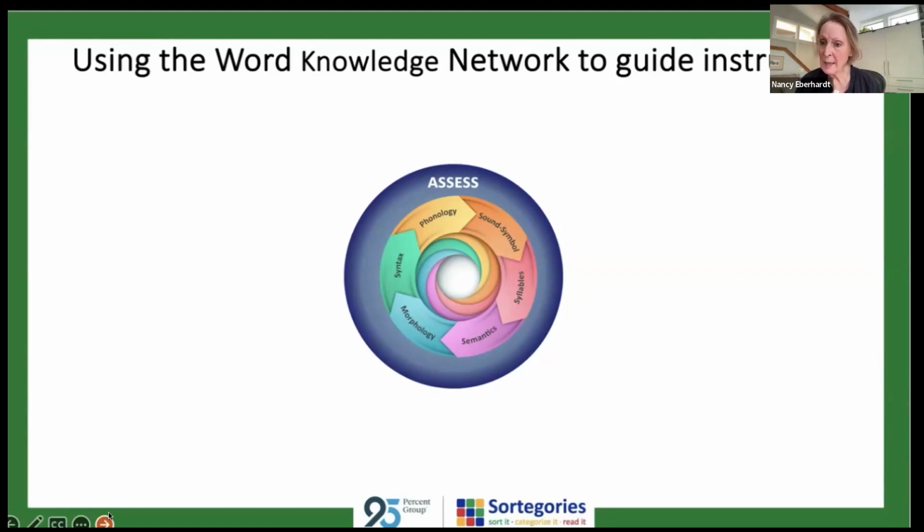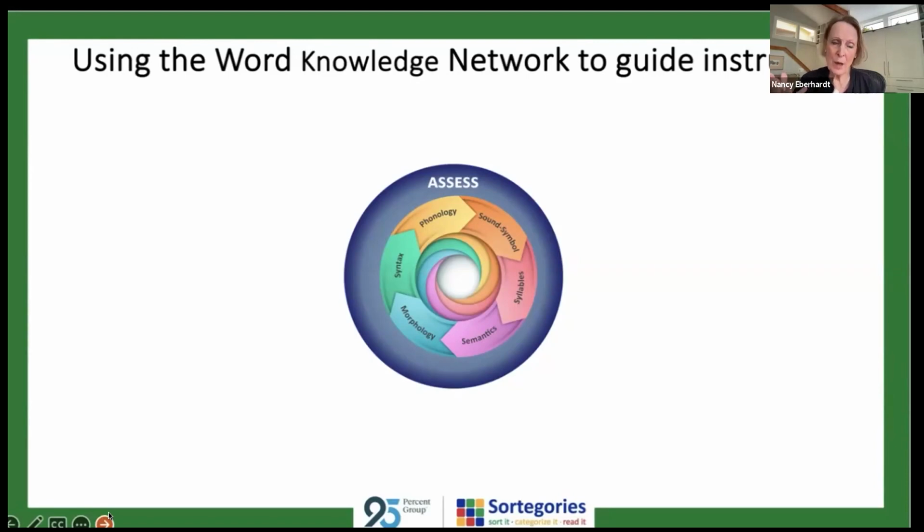So this is, again, where knowing to even pay attention to some of these other pieces on the part of the teacher is really essential. So you think about, are the kids able to move into the semantic, morphological, or syntactic areas?